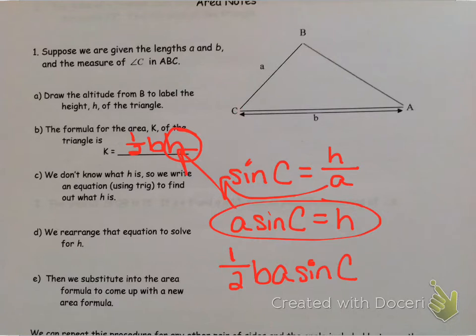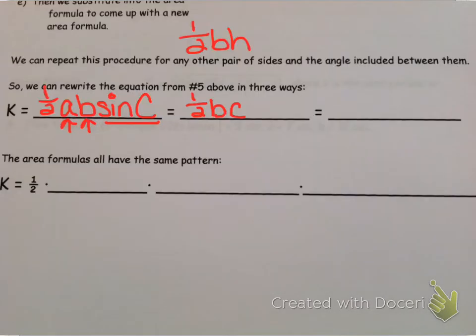If I know side B here and side C here, the angle that's in between them is angle A, and that wouldn't be the angle that I needed to know. And so it would be sine of angle A. And the final version says that if it was side A and side C that we knew instead, then we would need to do sine of angle B.